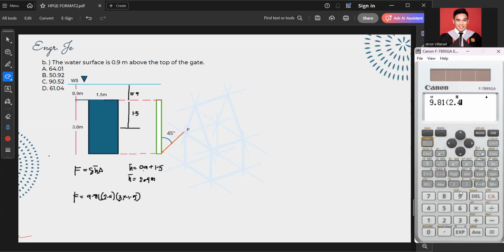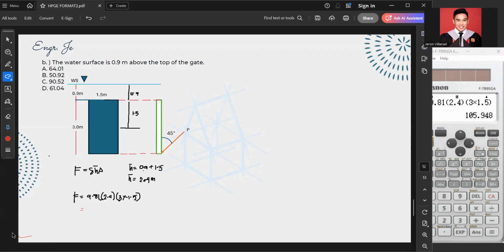Times 2.4 for bar H times the area, 3 times 1.5. That is 105.95. Our hydrostatic force is 105.95 kilonewton.